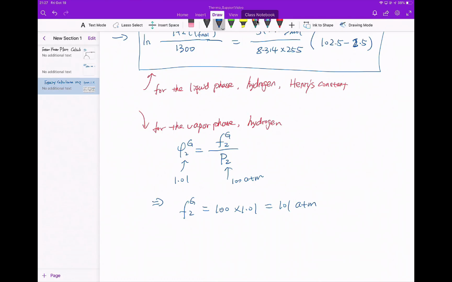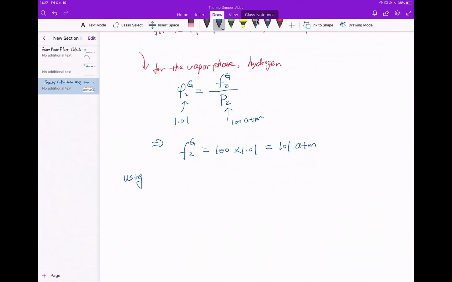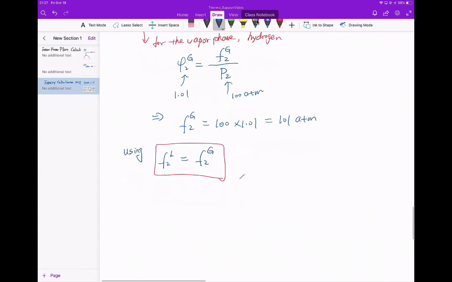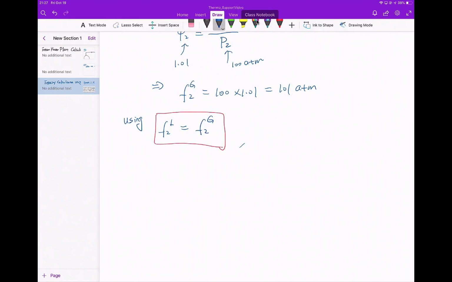Then, of course, we need to set up the equation using the fact that F2 in the liquid should always equal F2 in the vapor. That's the universal equation. Then F2 of the liquid would be what? This is X2 times H2.